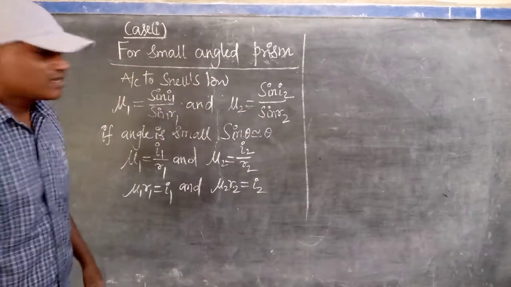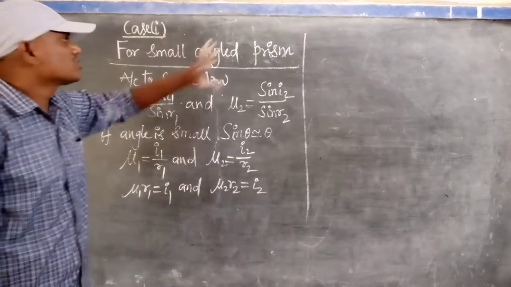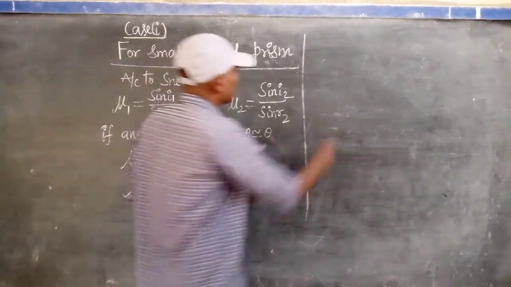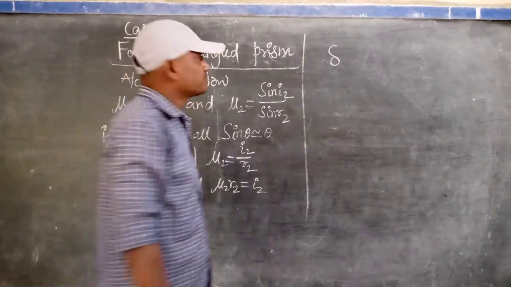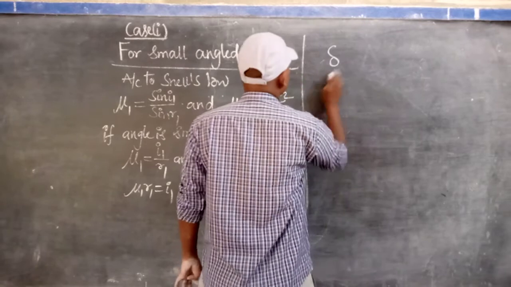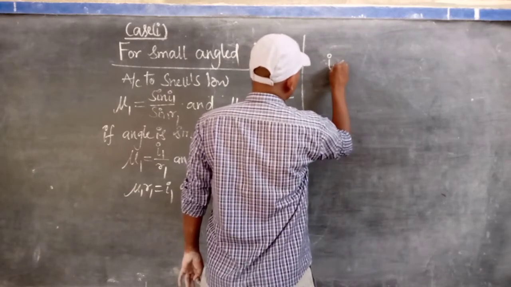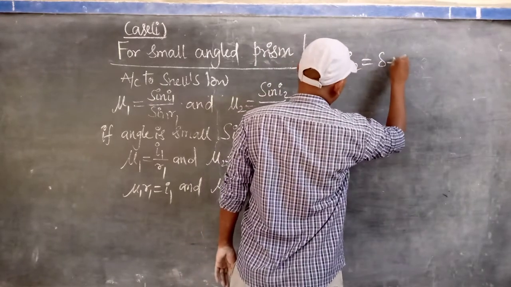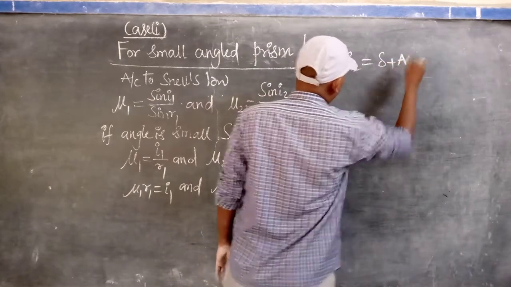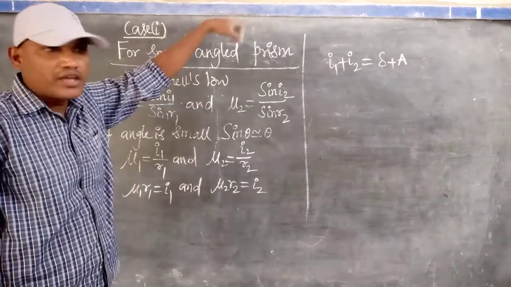So we can find the angle of deviation produced by a small angled prism. We know the formula: I1 plus I2 is equal to delta plus A, or A plus delta. That formula we know very clearly, that is equation 1.